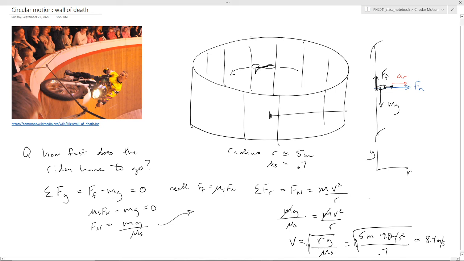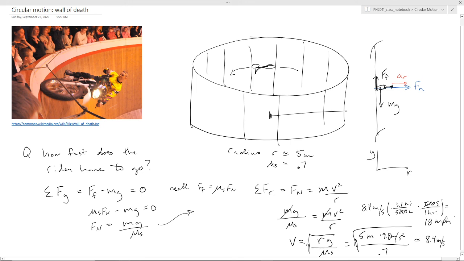Why don't we convert this into a number that's maybe more familiar when we're thinking about motorcycles and cars. Let's put it in miles per hour. Multiplying by the seconds in 1 hour, you would find that this is about 18 miles per hour.